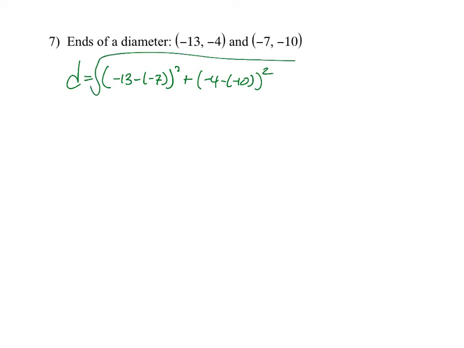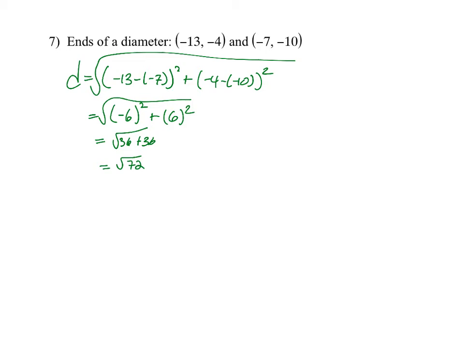So I have negative 13 plus 7 is negative 6 squared, plus negative 4 plus 10 is 6 squared. So I have 36 plus 36, so it's the square root of 72. I'm not going to simplify, and I'm going to show you later on why.